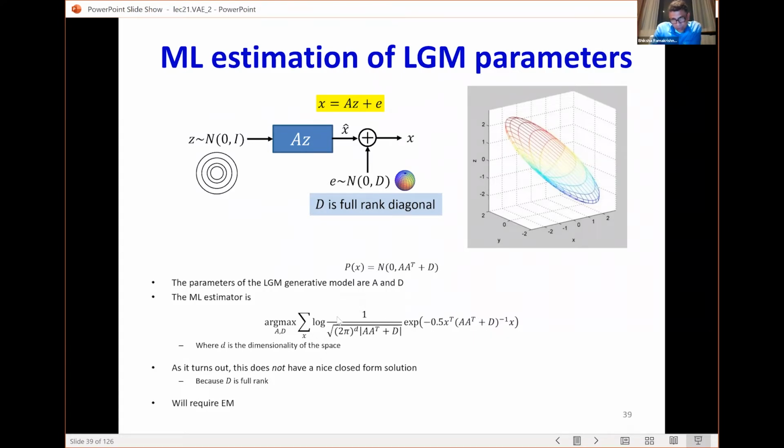And so this entire term is going to be 1 over square root of 2 pi raised to D times the determinant of the covariance times the exponent of minus 0.5 times X transpose covariance inverse X. This is the log likelihood of any data instance X. Given a collection of data instances, you'd be summing this over all of the data instances, and then you'd be estimating A and D to maximize this. And unlike PCA, this doesn't have a closed form solution because D is full rank.